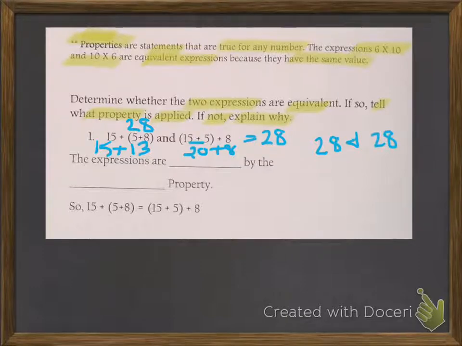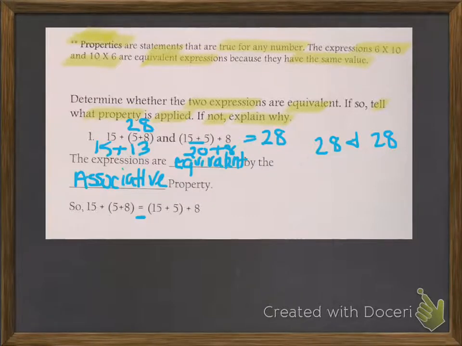These expressions are in fact equivalent and we determined that this was an associative property. So then we would write these statements. 15 plus parentheses 5 plus 8 equals 15 plus 5 close parentheses plus 8.